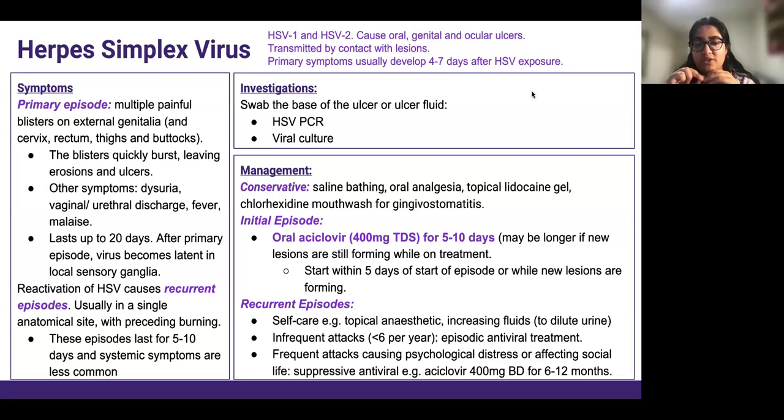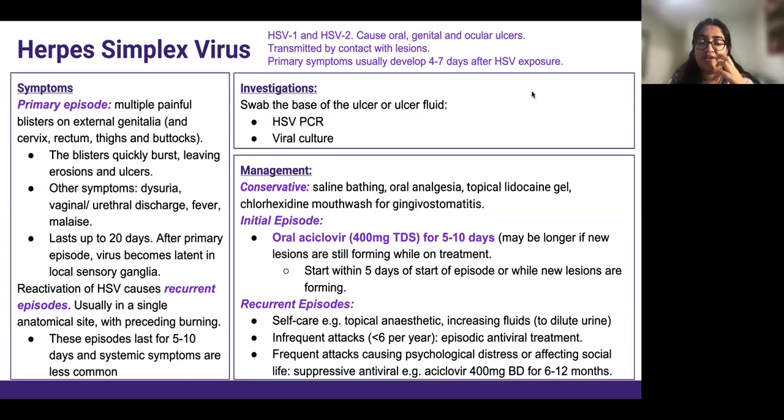In terms of the management, you would want to advise conservative things like saline bathing, giving meds to help manage the pain, and also topical numbing agents. You can also give oral antivirals, and you have to adjust the length of the treatment depending on whether they're still actively producing new lesions or not.